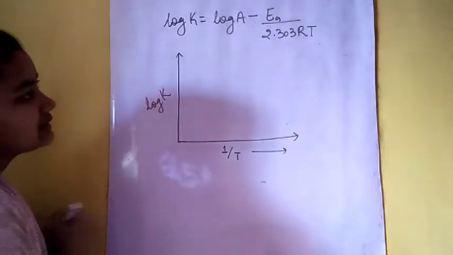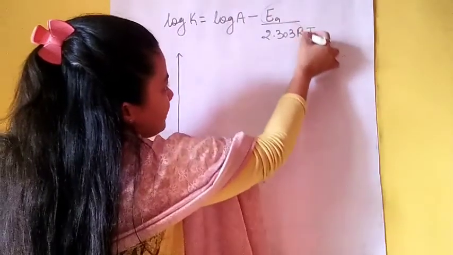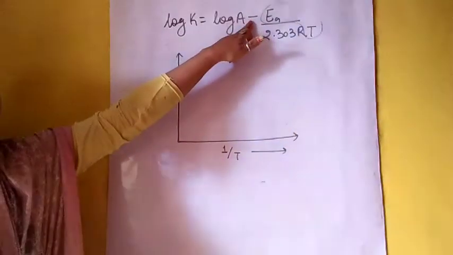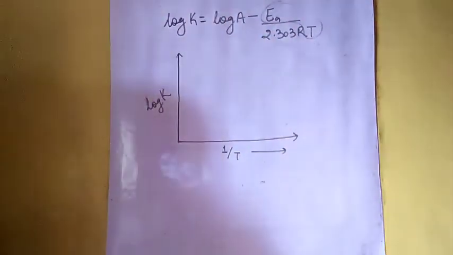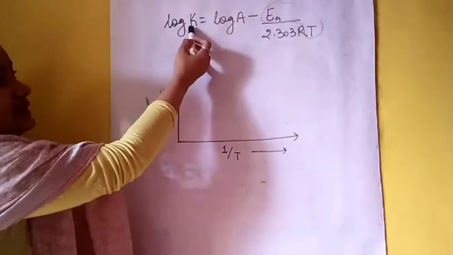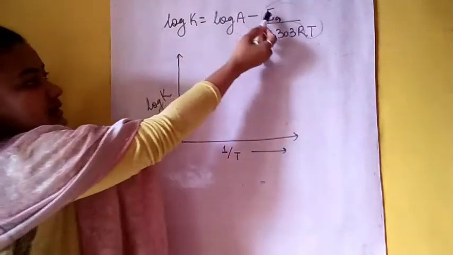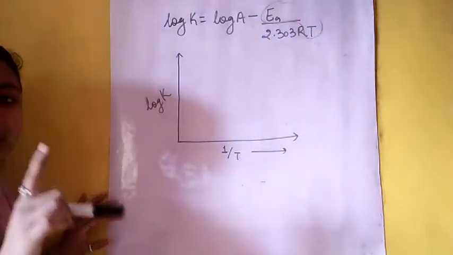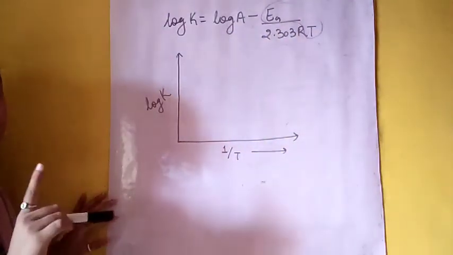As you can see, in this expression there is a minus sign, right? So we can say that the rate constant is proportional to activation energy, but inversely, not directly.